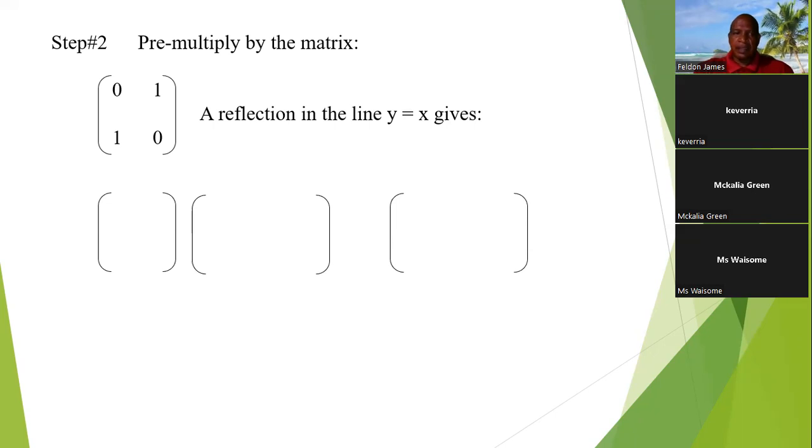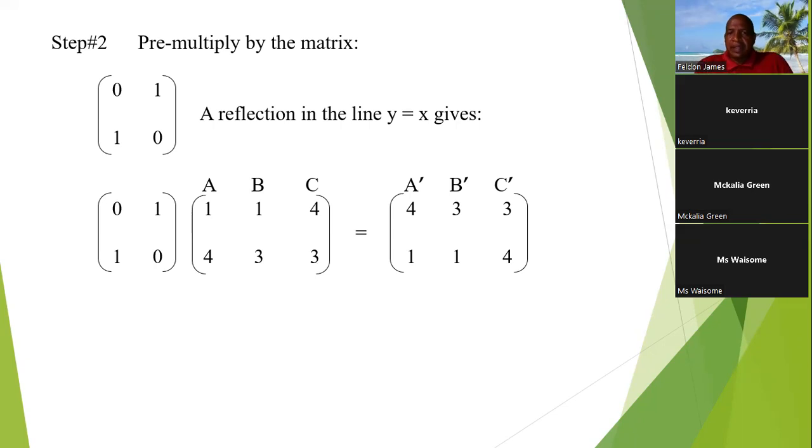All right, let me put in the answer. This is what happens. What do you notice about your image when you compare it to the pre-image? The one that was at the top is now at the bottom, and the one that was at the bottom is now at the top. Exactly.